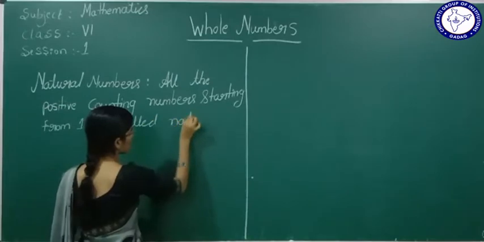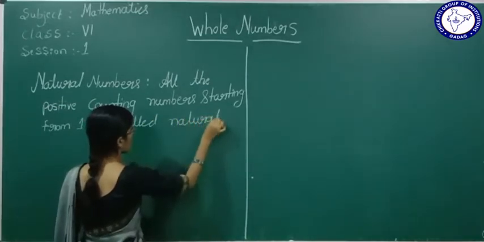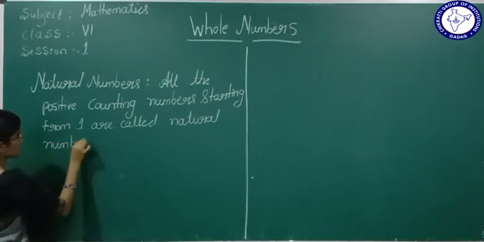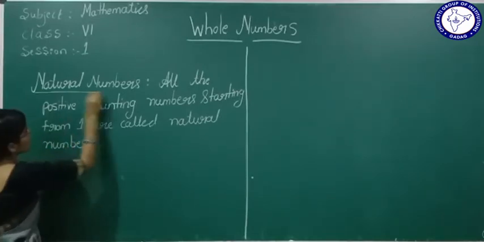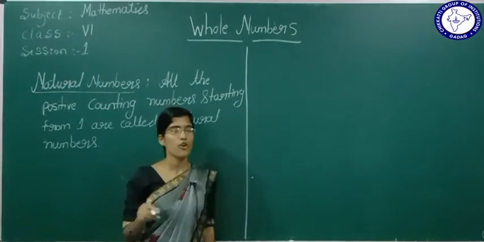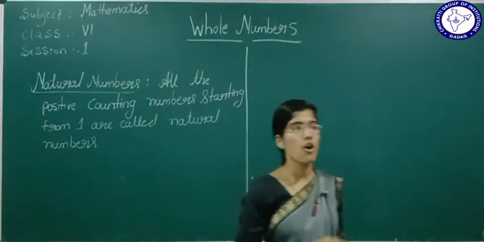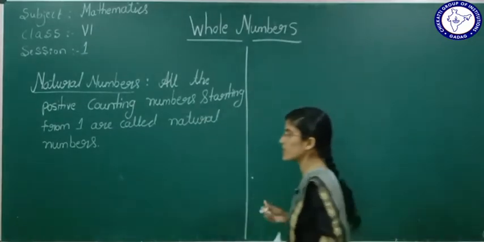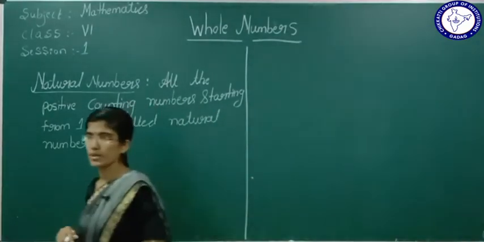You have learnt this in your previous class. If I ask you to count anything, you will start from 1, right? All the positive counting numbers starting from 1 are called natural numbers.